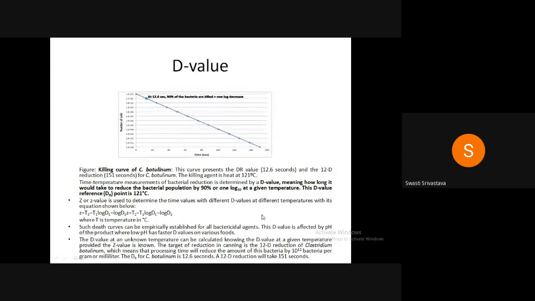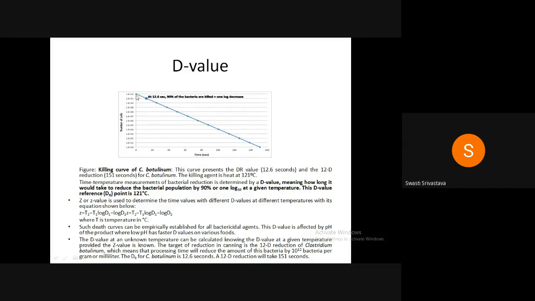Now, here you can see a killing curve of C. botulinum. This curve represents the D value of 12.6 seconds, that is your decimal death rate, and the 12D reduction, that is 151 seconds for C. botulinum. The killing agent is heat at 121 degrees centigrade.